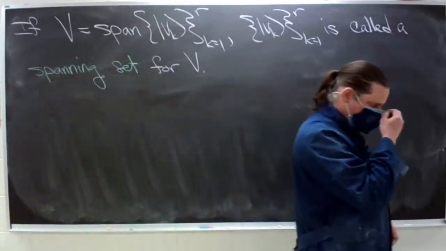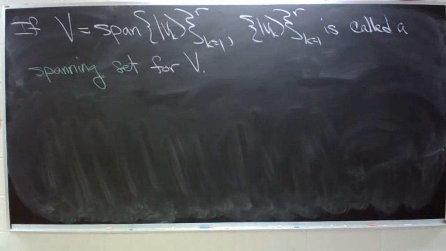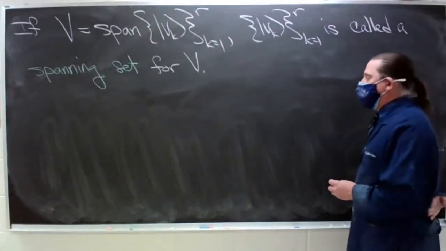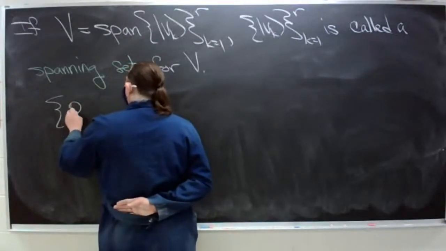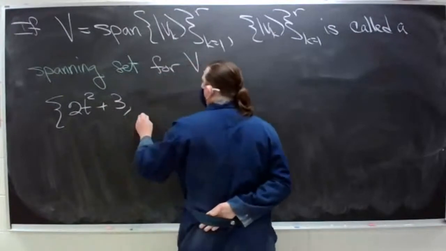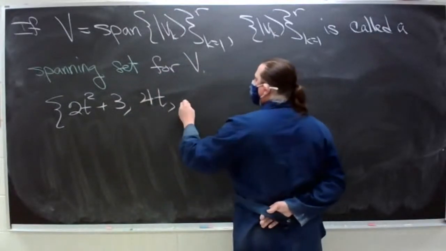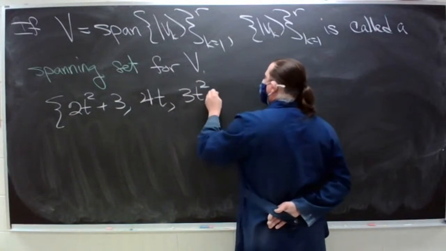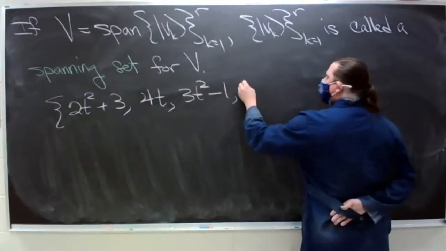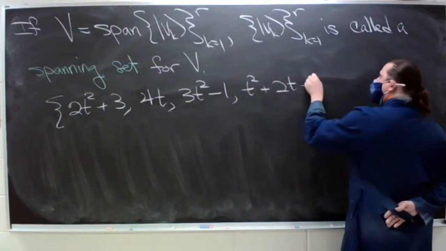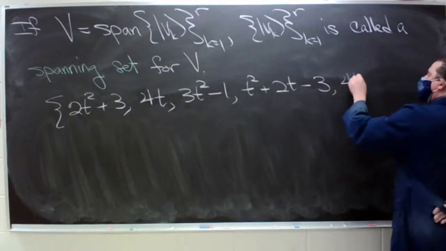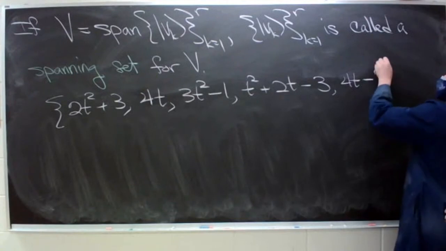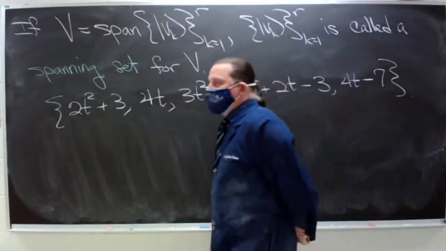Now let's go back to our space of polynomials of degree 2 or less. So what do you guys think?